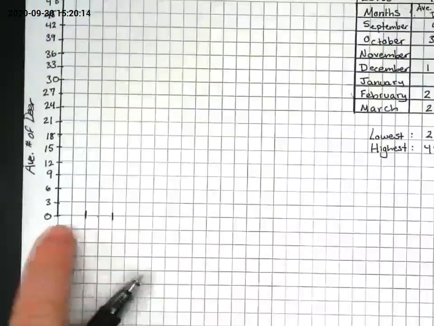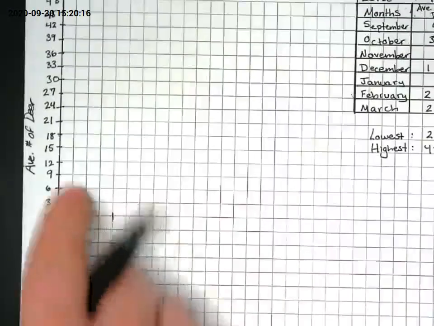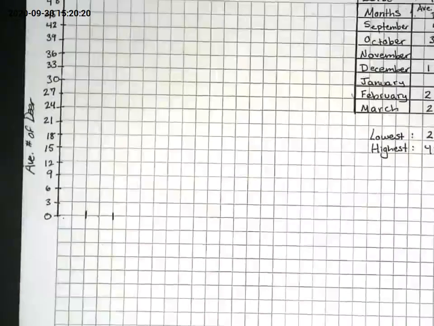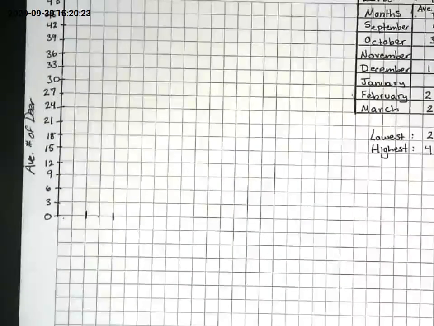Typically, you want to leave a little gap, because having a bar sitting against your y-axis, it's not that you can't do it. I know personally for myself, it just doesn't look as pleasing.